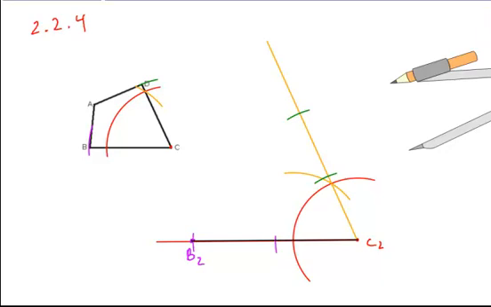So now if I assume this is my new point D, that's double the length of the original CD, I can connect that back to my vertex, and so now my angle in black here from D2 to C2 to B2 is twice the length of the sides of the original angle, and the angles themselves are equal.